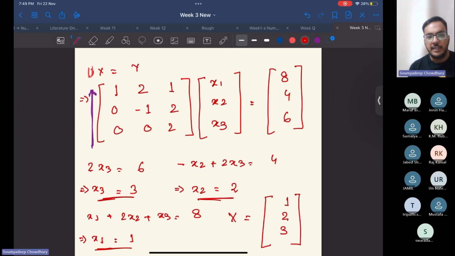Is this process clear? Yes, sir. LU decomposition, how I have done. Can someone tell me once what is the basic algorithm to do this process? Yes, Javed, can you tell whatever you understood from this?